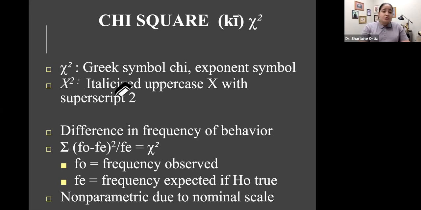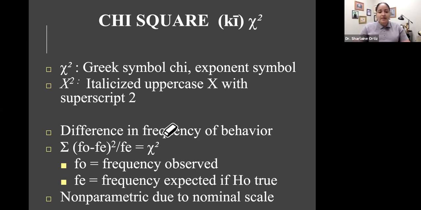So another way to represent the Greek symbol chi is to simply use the letter X in italicized style, and then put a superscript 2.